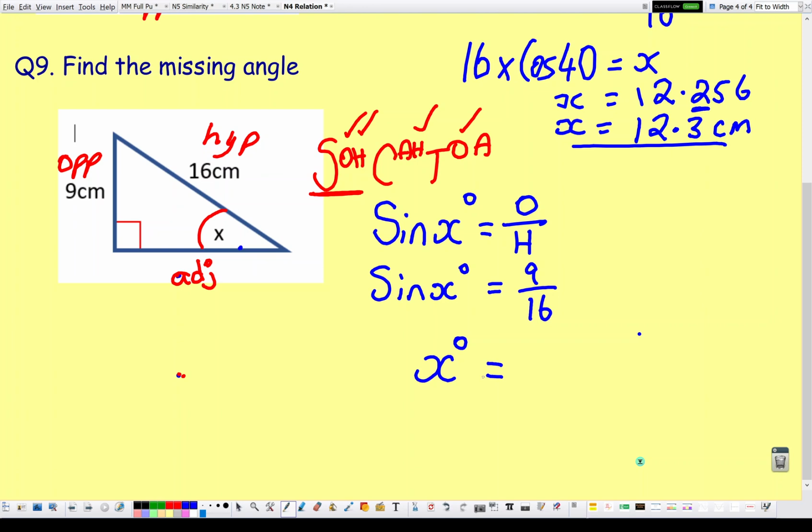34.2, 34.2. Yeah, we're all getting the same thing. Now, remember, this is the angle we're finding, so my units isn't centimetres, but that's only a wee thing. So, well done for getting the right number, though.